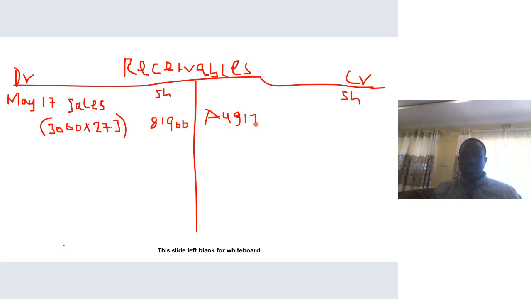Now they will be paying in cash. Again, they are paying the same amount, 3,000, but now at a different exchange rate. So we are multiplying this by 26.7.